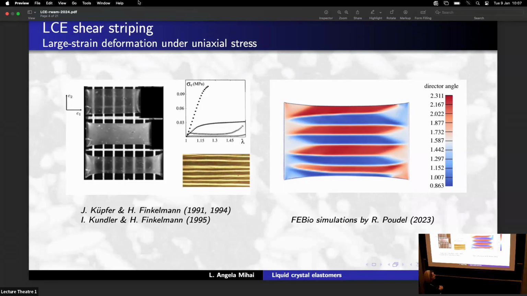So what happens, in fact, is that in the in-between stage, there is still alignment, but this alignment is alternating in some form that it forms this so-called shear striping, because on one stripe, the mesogens rotate to the left. On the next stripe, they rotate to the right, and so on.